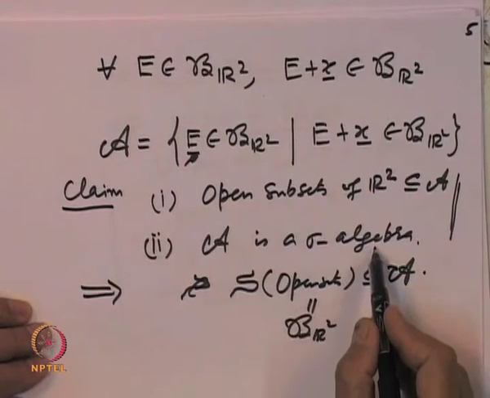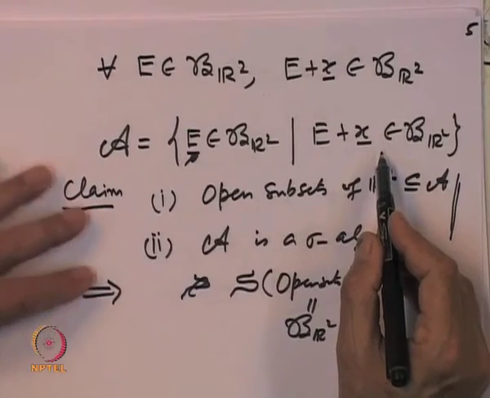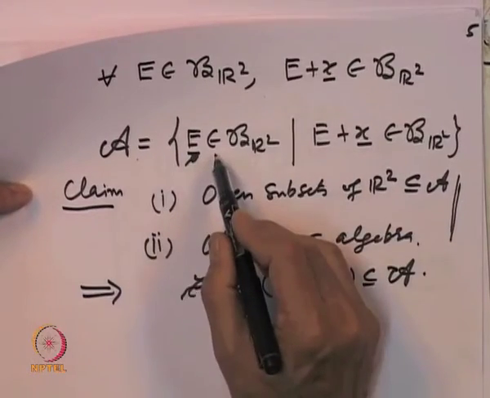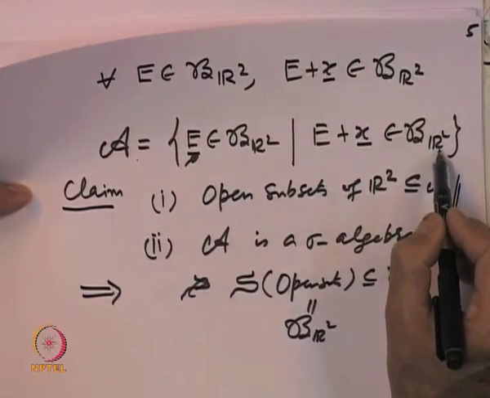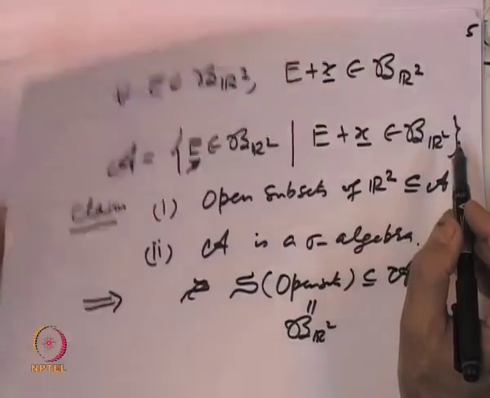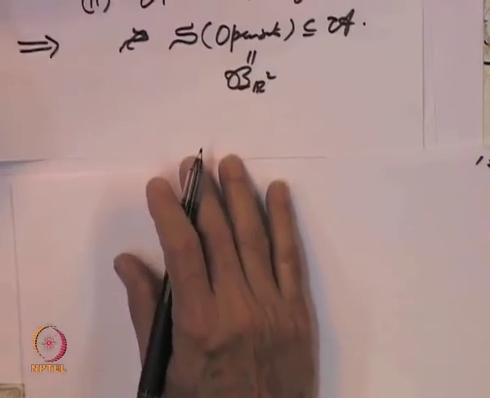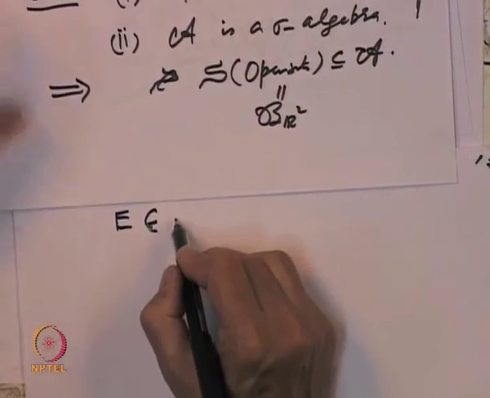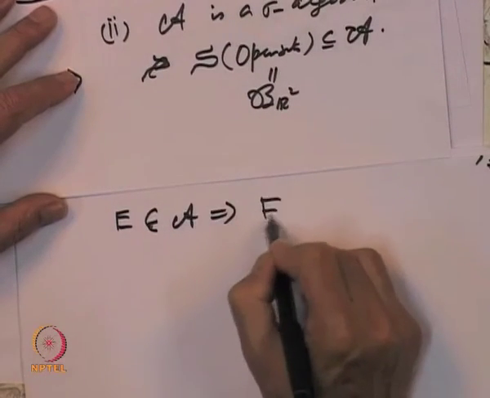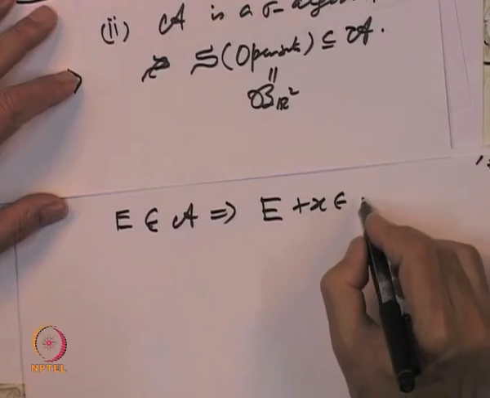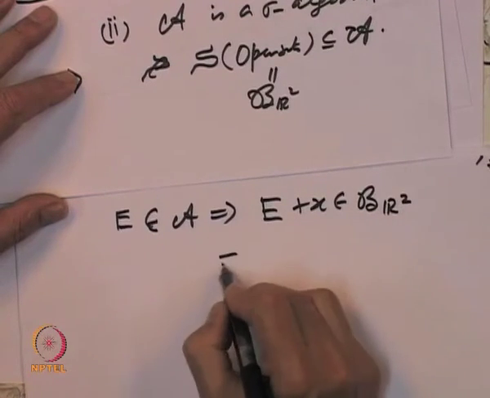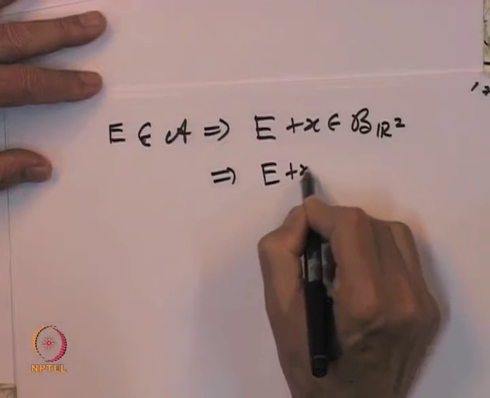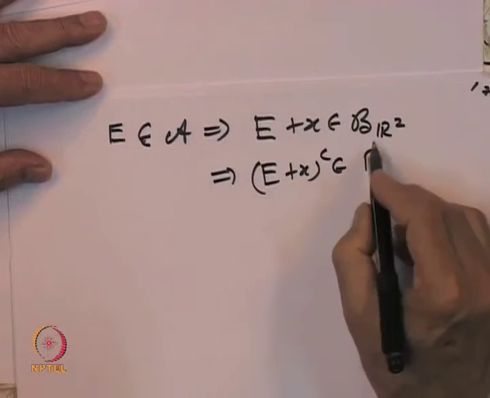Now, to show that A is a sigma algebra, we use a very standard technique. We have been using it very often. If a set E belongs to collection A, that means E plus x belongs to B R 2, and that implies, because B R 2 is a sigma algebra, that its complement belongs to B R 2.